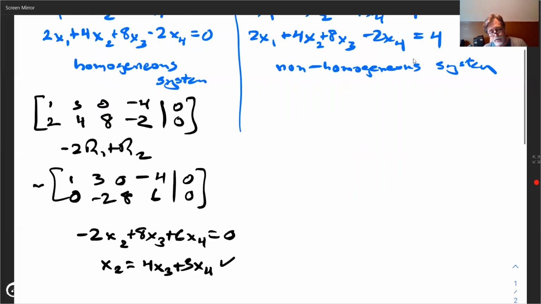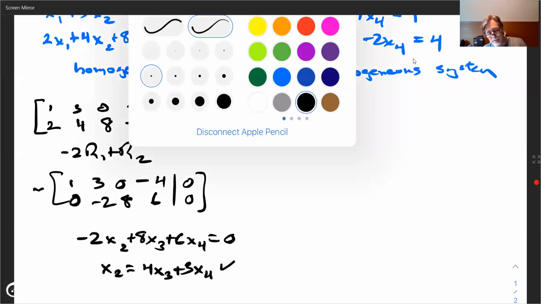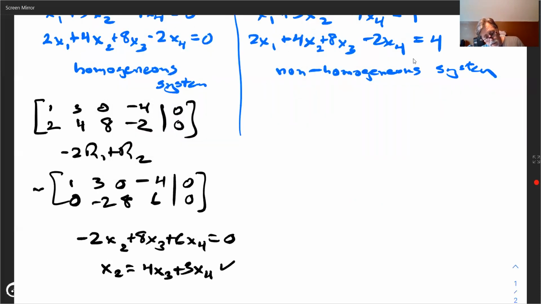We're still kind of new to the game, right? Maybe I should have said something like, I've got a pivot here and a pivot here, and I've got a free variable here and another free variable here. And that tells us two things, by the way. It tells us that later we'll say it maps onto R2 because I have pivots in each row.